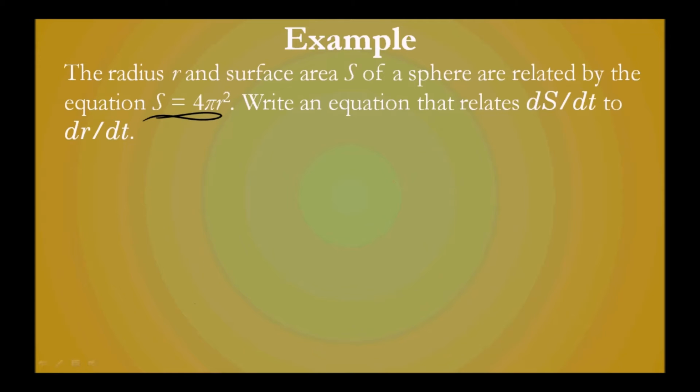Simply by differentiating both variables, s and r, we can yield the result that relates ds dt to dr dt. Differentiating with respect to t, we get ds dt equals 4 pi, that's our constant, times 2r dr dt.